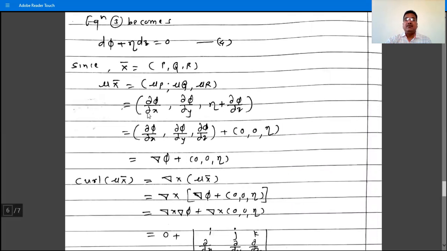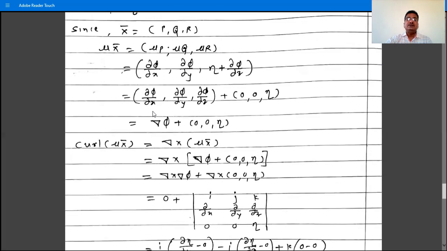We write this as the addition of two vectors: (delta phi by delta x, delta phi by delta y, delta phi by delta z) plus (0, 0, nu). If you add these two, then we have delta phi by delta x plus 0 is delta phi by delta x, delta phi by delta y plus 0 is delta phi by delta y, and delta phi by delta z plus nu is this term. And this vector is del phi plus (0, 0, nu).